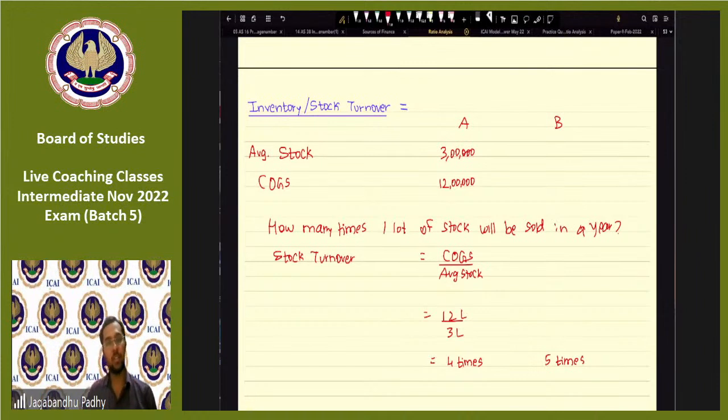Company A is having a stock turnover of 4 times. Company B is having a stock turnover of 5 times. Can you tell me which of these companies is having better efficiency?